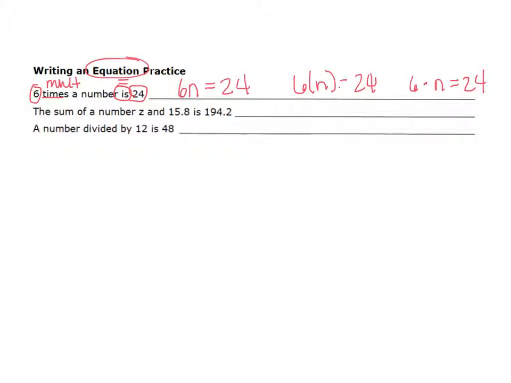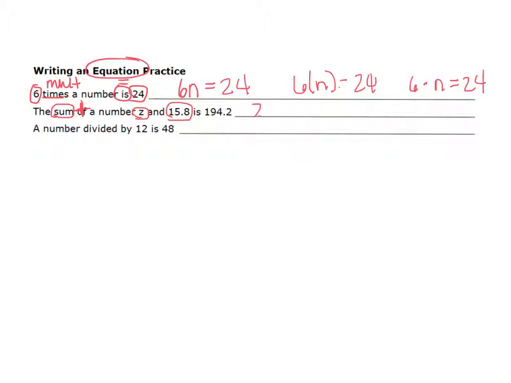So the sum of a number Z and 15.8, or 15 and 8 tenths, is 194 and 2 tenths. So the sum means we're going to be doing addition. That's one of our keywords for that.